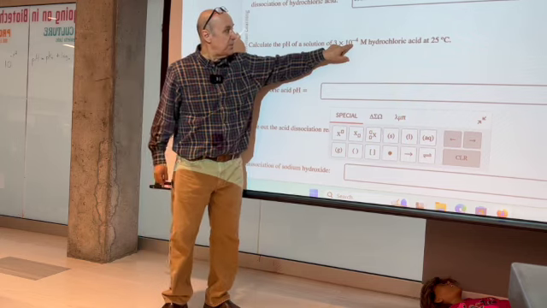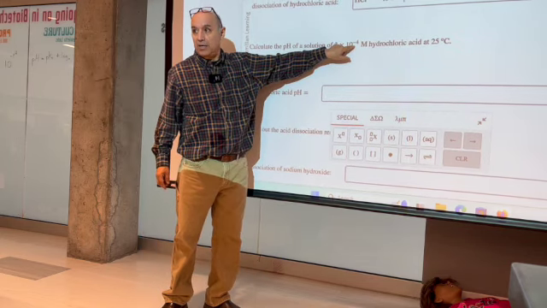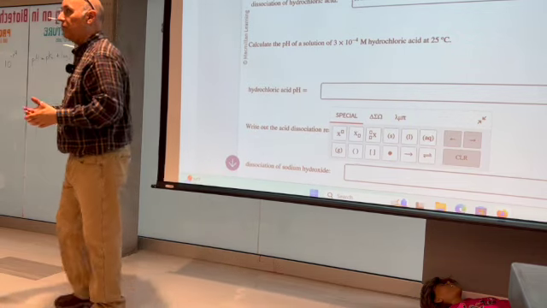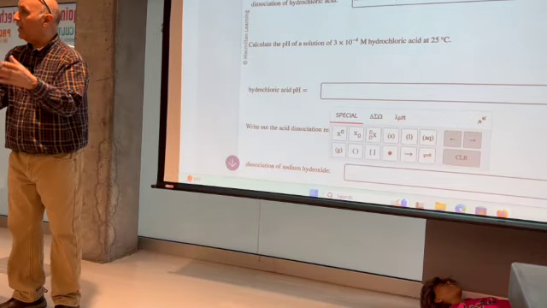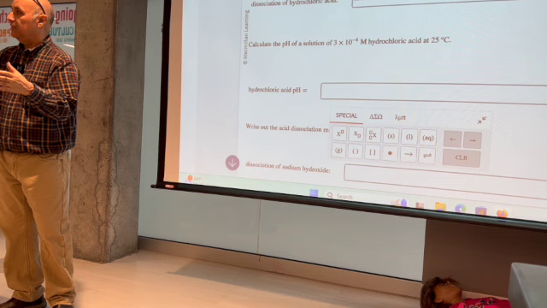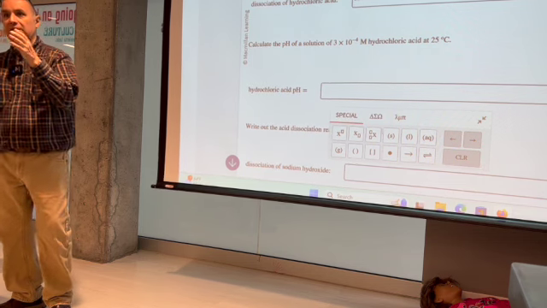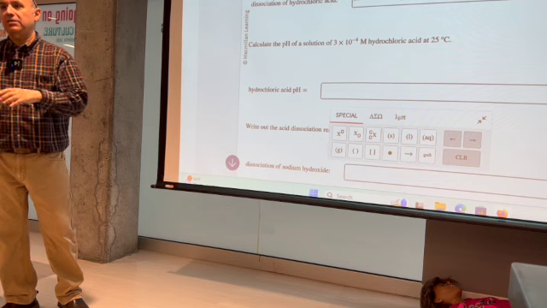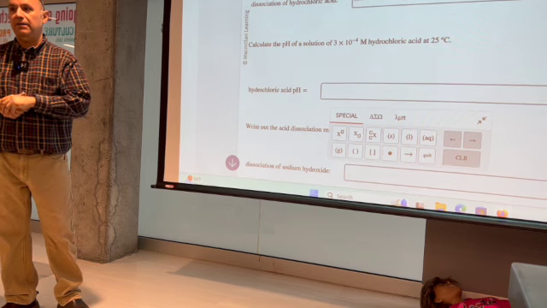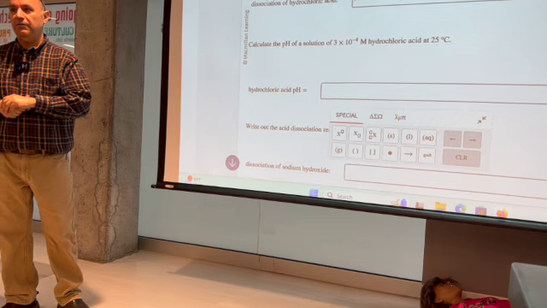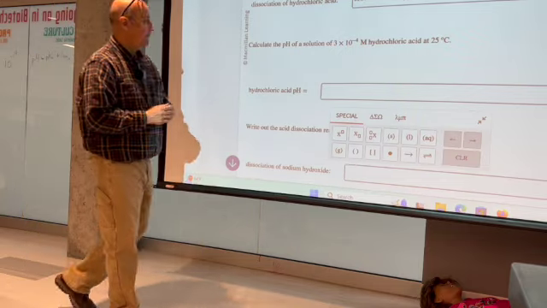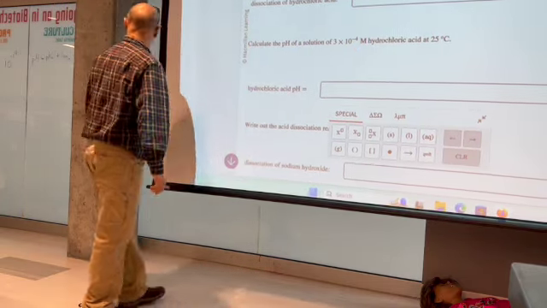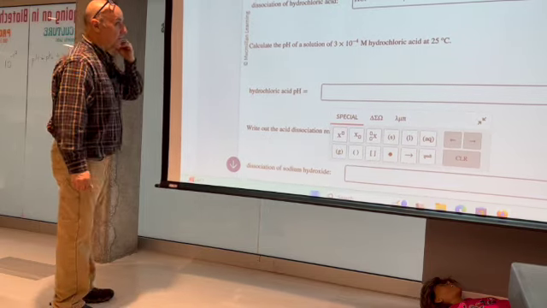But if this number is 10 to the negative 7 or smaller, remember that it's impossible to calculate that way because you still have the water contributing H pluses. So you're going to start with the premise that your pH is going to be 6.9999 something. You remember that scenario? But in this case, it's perfectly fine to do it with the negative log of that concentration.